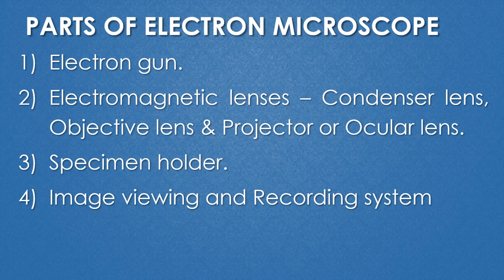The second part is the electromagnetic lenses. Three types of electromagnetic lenses are present in this electron microscope. The first one is the condenser lens. Here, two condenser lenses are present. In the normal light microscope, only one condenser lens is present, but in electron microscopes, two condenser lenses are present. The condenser lenses focus the electron beam onto the specimen.